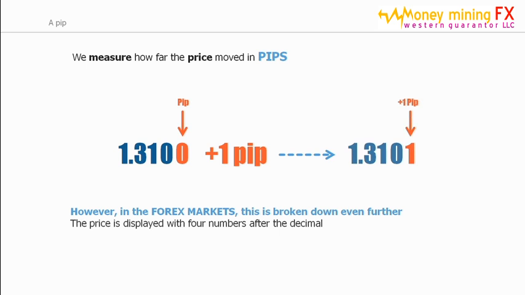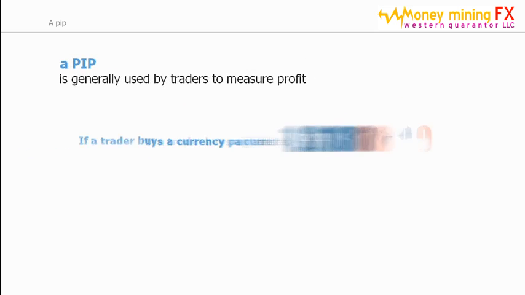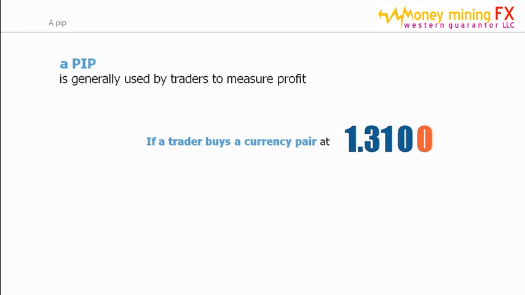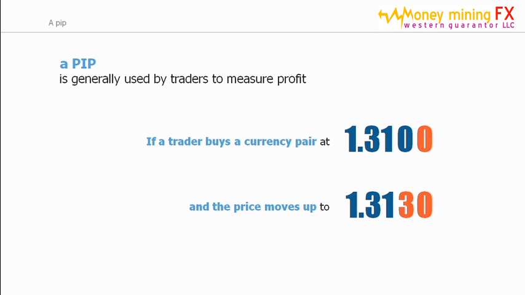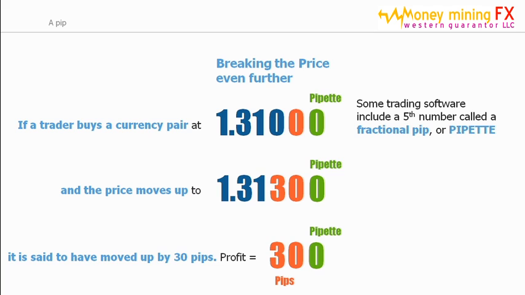If the value of that currency pair moves from 1.3100 to 1.3101, it has moved by a single pip. Pips are how traders generally measure their profit. If a trader buys a currency pair, again the euro-US dollar at 1.3100, and the price moves up to 1.3130, it is said to have moved up by 30 pips, or the trader has gained a 30 pip profit. Some trading software makes use of 5 decimal places, in which case the 5th number is called a fractional pip or pipette.